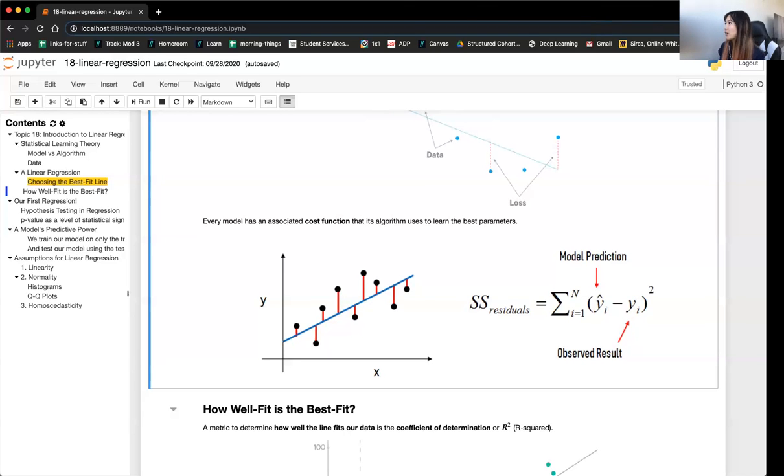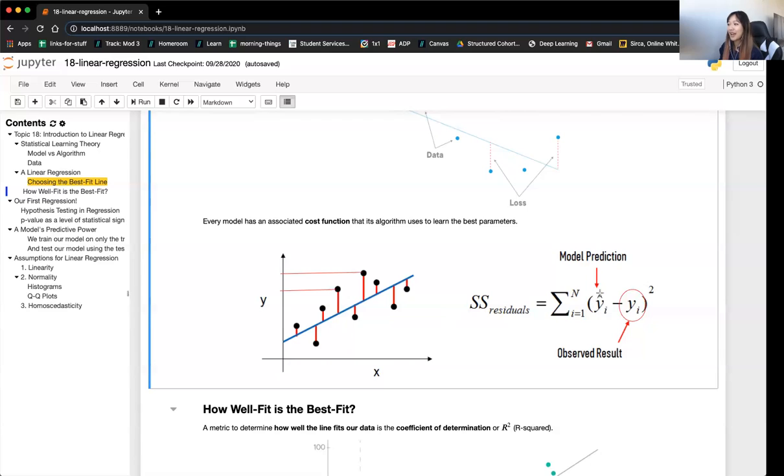So actually, let me draw this out. For every yi, yi refers to these values, these y values of these data points.